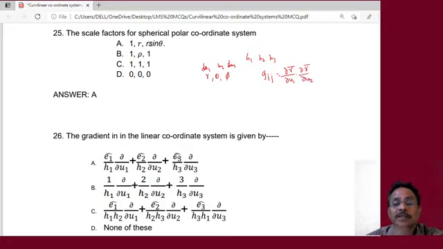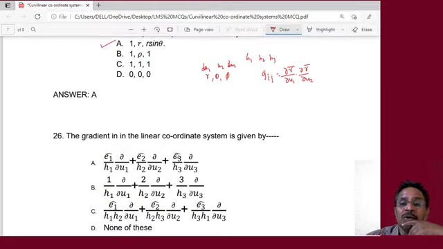If I go through all these calculations, I get g11 equal to 1, and its square root is 1. Then g22 is r squared, and therefore h2 is equal to r, and g33 is equal to r squared sine squared theta, and therefore h3 is simply r sine theta.